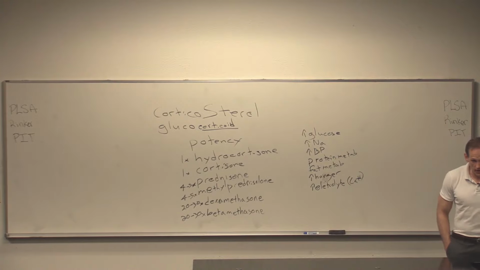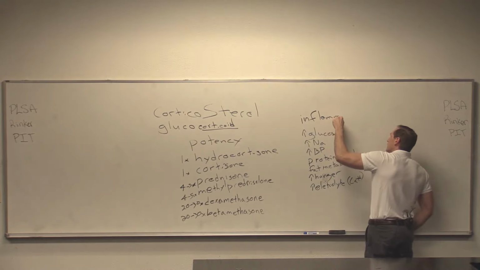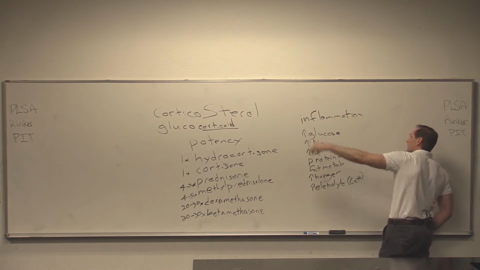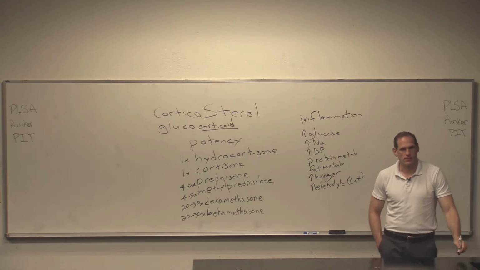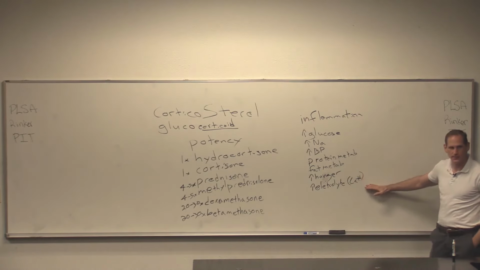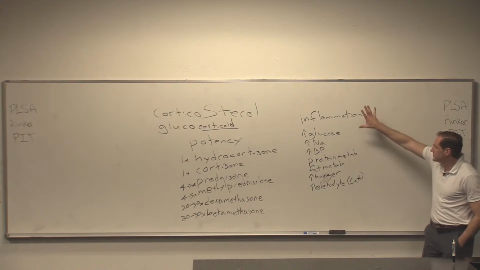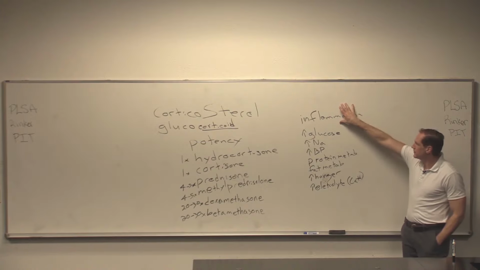Now, in addition to all of that, it also deals with inflammation. Now, what are we targeting in this unit? We're targeting inflammation. So everything else is a potential adverse effect. Does that make sense? So this is what we want, reduce inflammation.